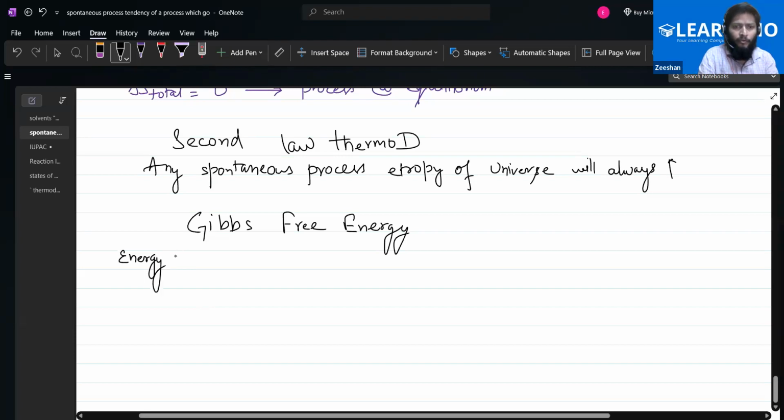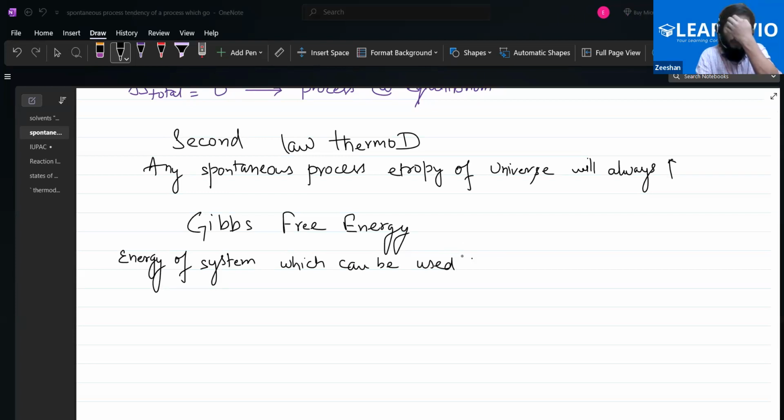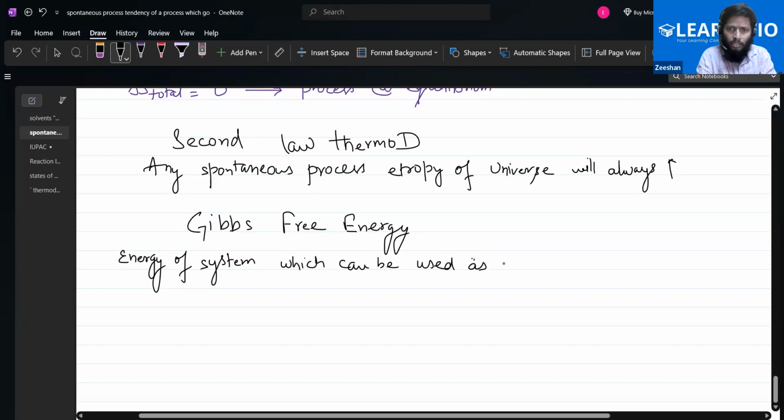It is the energy of a system which can be used as useful work. So this is the energy which can be used as useful work. The rest of the energy is non-useful.